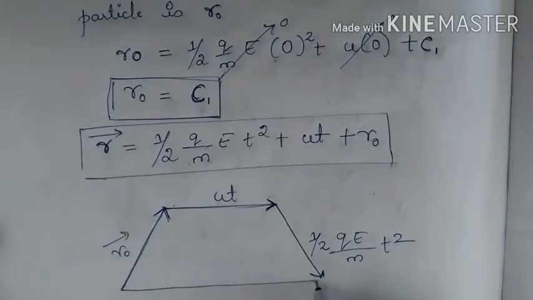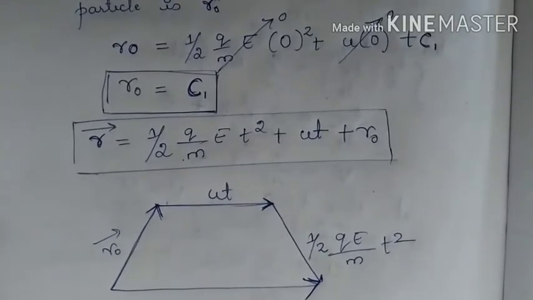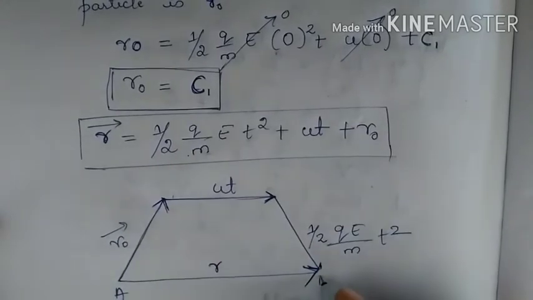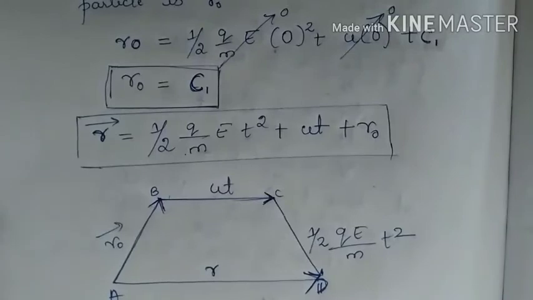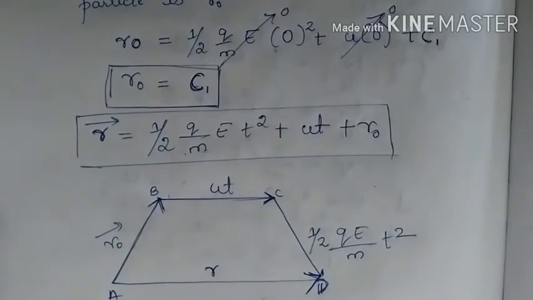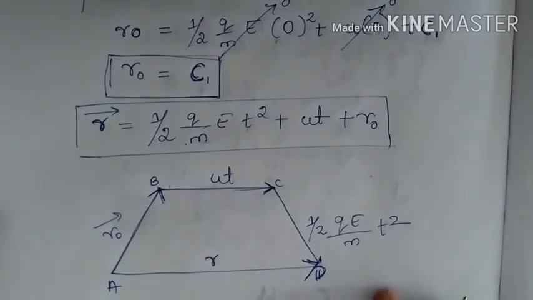Then the final direction of the displacement of the particle will be this. This can be represented as A, B, C, D, and here AD is the displacement vector r at any time t.